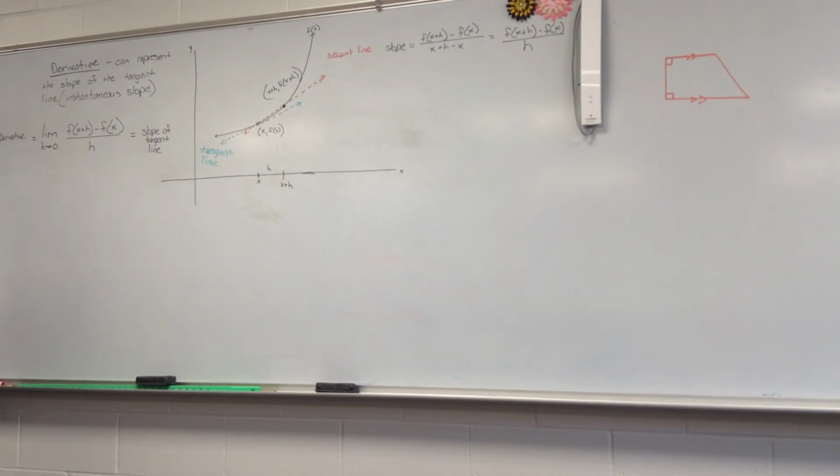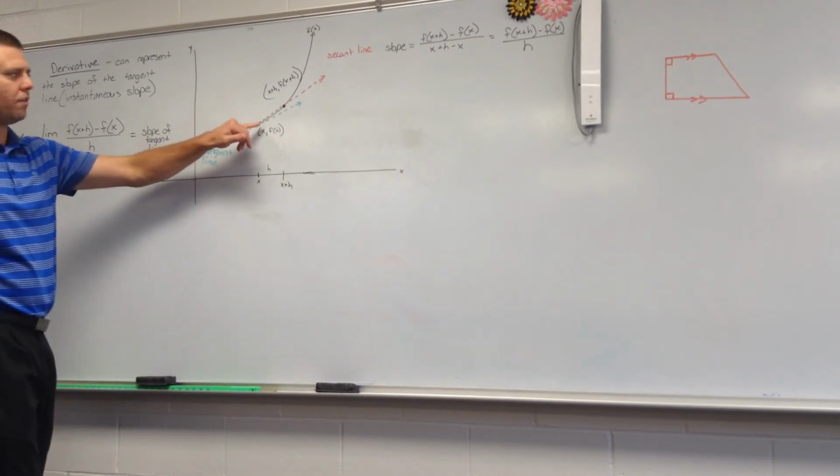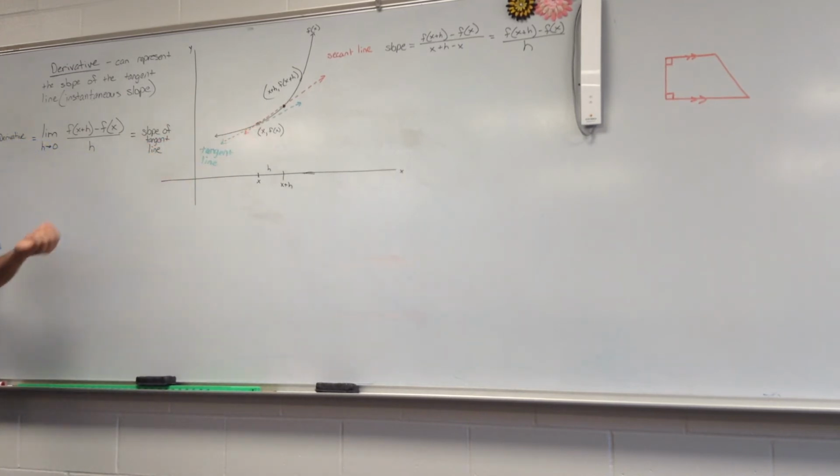So the derivative is something we can use to help us find the slope of the tangent line or an instantaneous velocity. We'll talk more about this eventually. The notation we use for a derivative of a function is f prime of x.